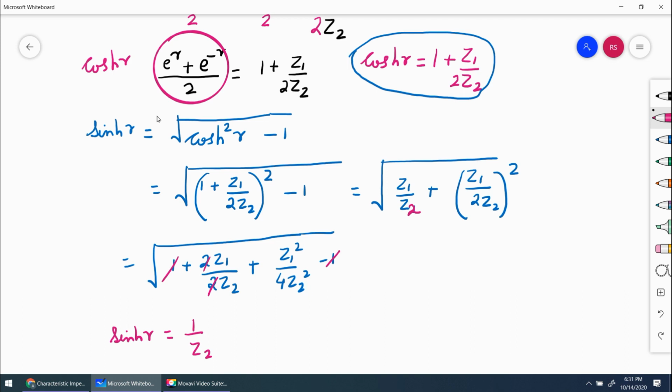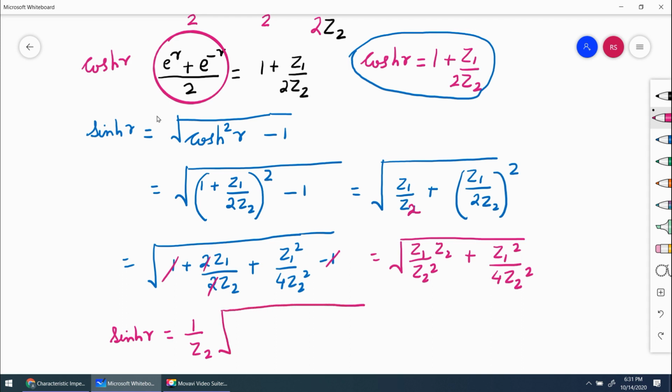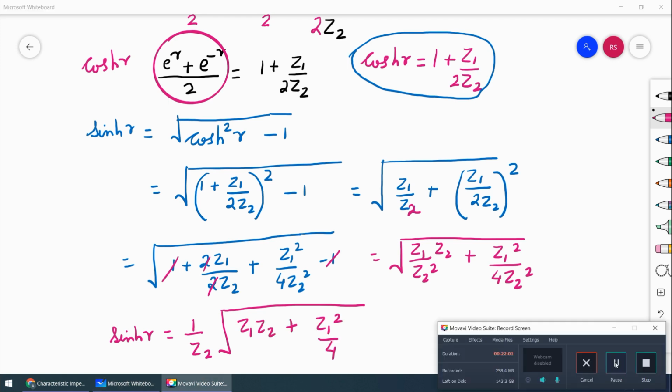Okay, now I'll do some manipulation. That is, if I write this to be z1 z2 over z2 square, multiplying and dividing by z2, plus z1 square by 4 z2 square, and if I take z2 outside, this is z2 over here, and this is z1 into z2. So you have sine of hyperbolic gamma is equal to 1 by z2 square root of z1 z2 plus z1 square by 4.